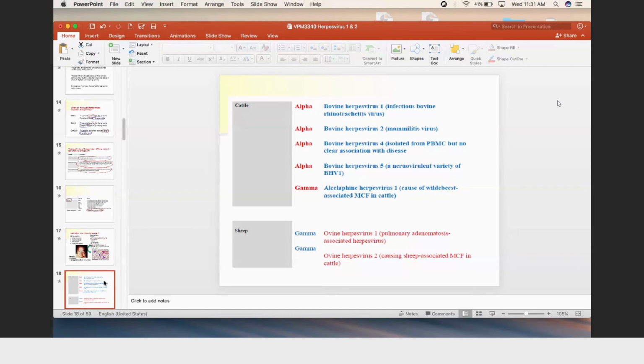Most of the time, bovine herpes virus 1, equine herpes virus 1, even feline herpes virus 1, are related, and a common indicator is respiratory disease. So they commonly cause respiratory problems in the susceptible host.